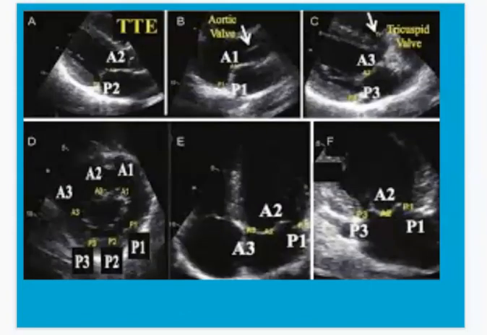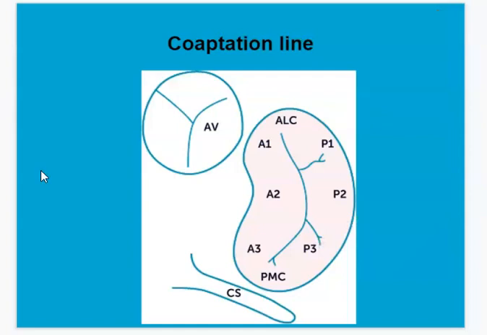So when you look at our views, for example, in the transesophageal view in the long axis, we see leaflet A2 and P2. So if you go back to this one here, we're cutting through sort of like this right here in that view. We're actually seeing A2 and P2.